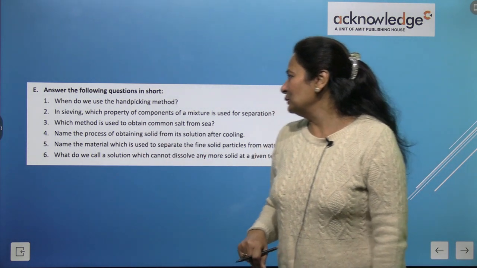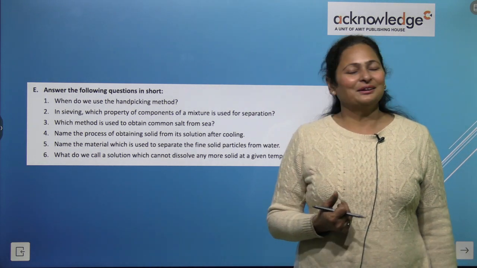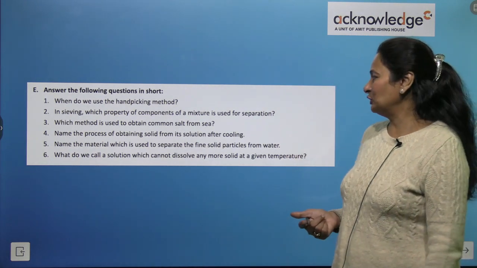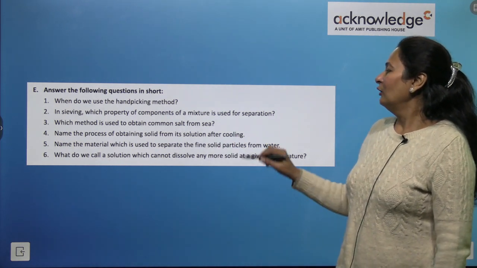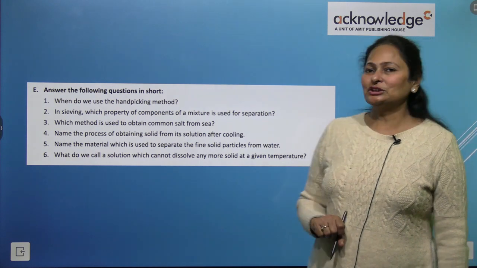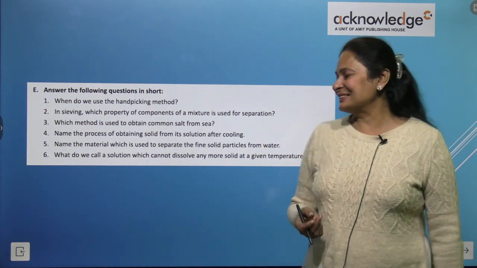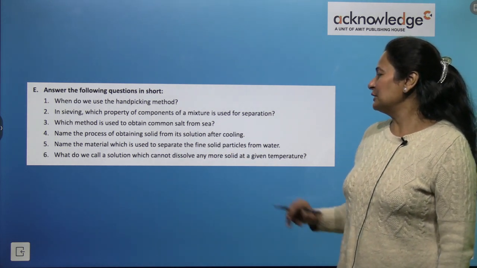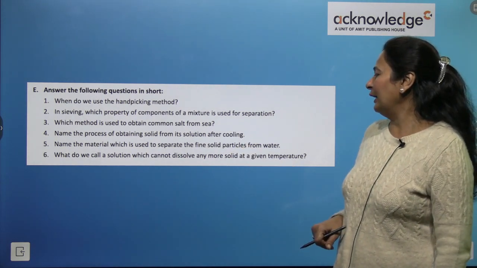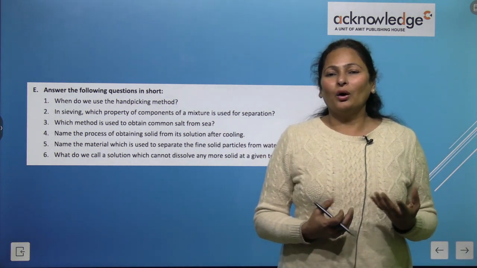Which method is used to obtain common salt from sea water? It is none other than evaporation. Name the process of obtaining a solid from its solution after cooling. It is crystallization.